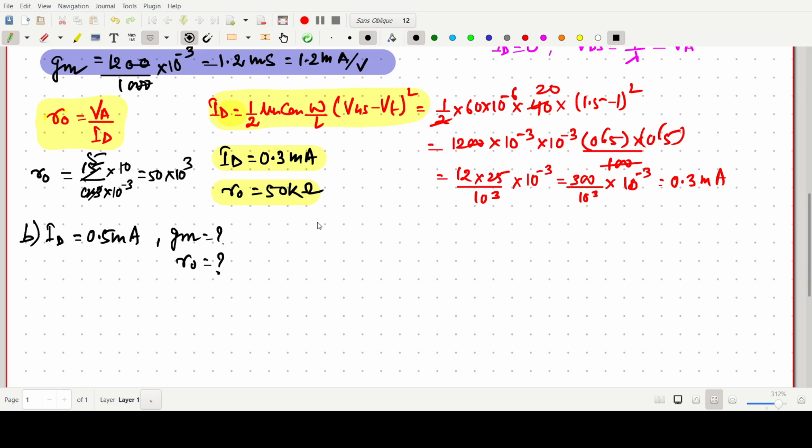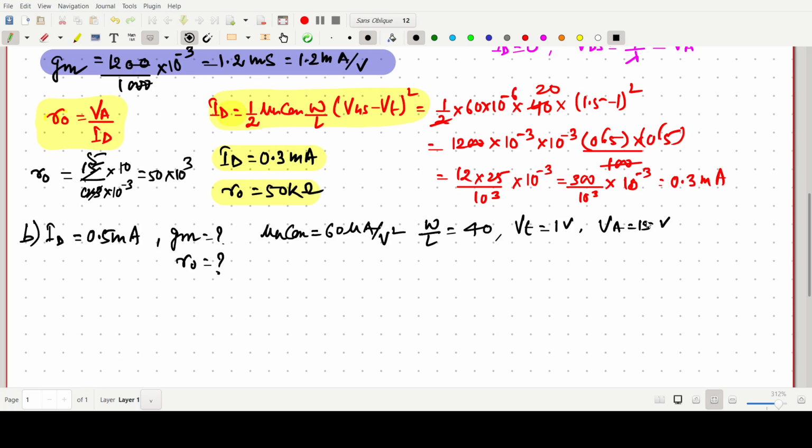In addition to that, some other parameters are also given. Once again I'm writing, mu n Cox is 60 microampere per volt square. W by L is given 40. Vt is given 1 volt. In addition to that VA is given 15 volt.